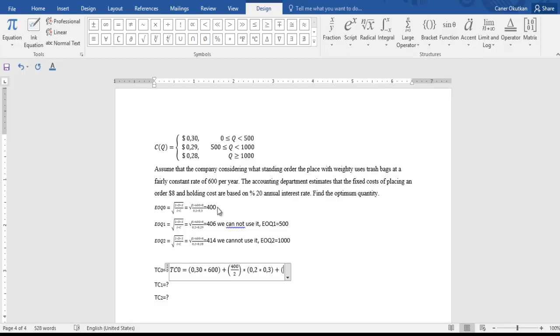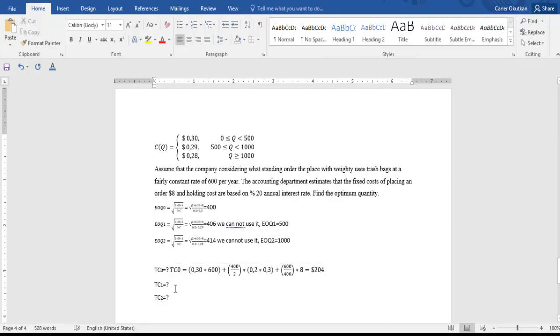Demand divided by order size multiply ordering cost, total ordering cost equals 204 dollars.